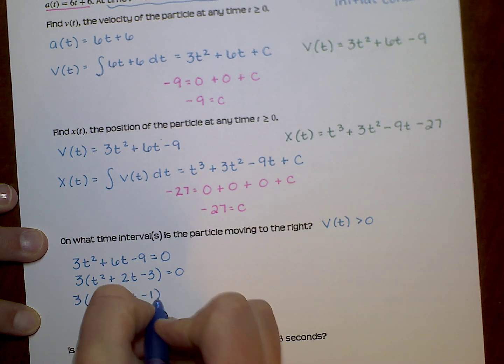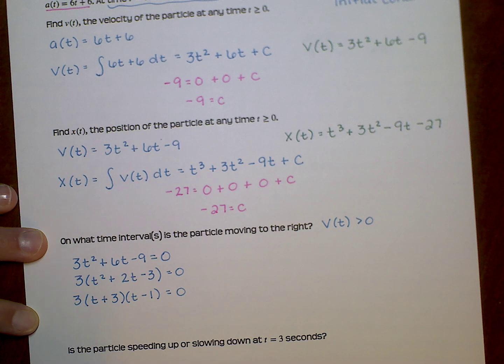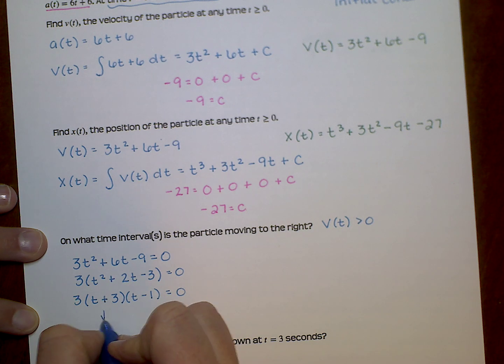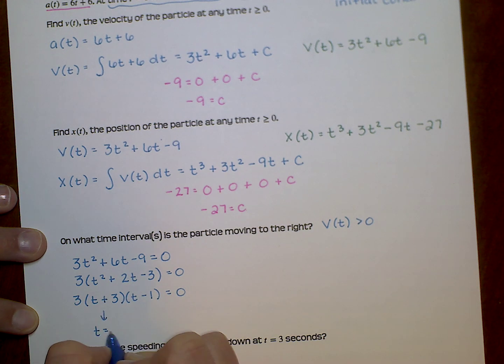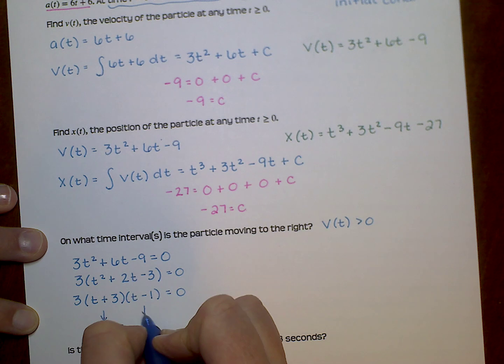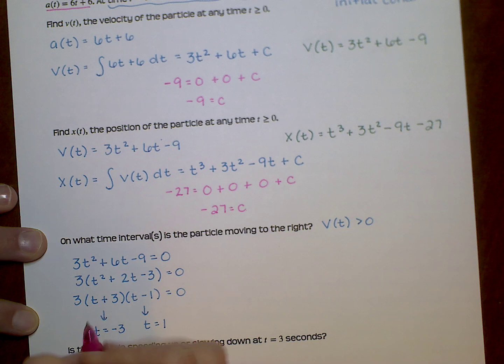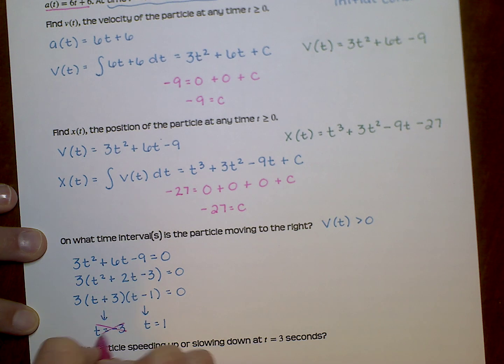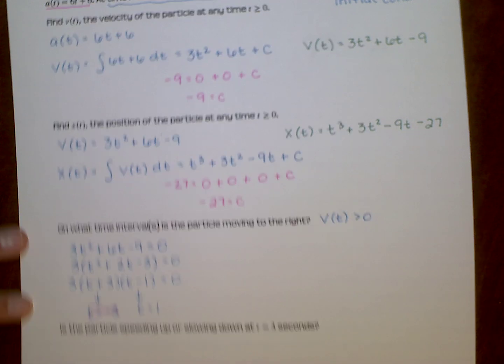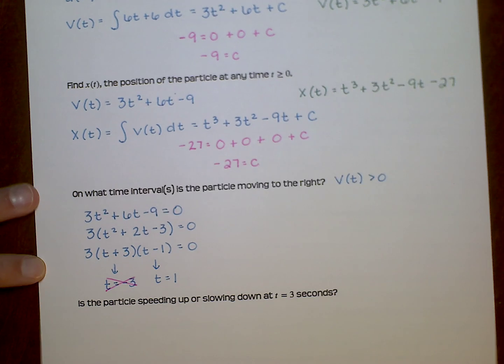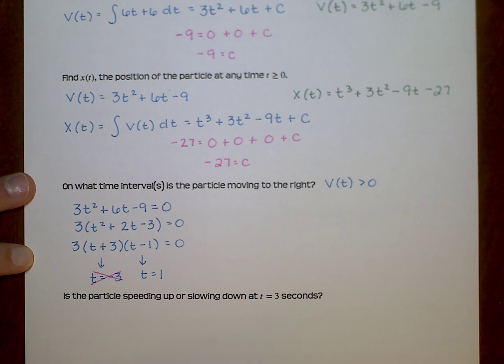I think that works. And so the answers that I get are we have a velocity of 0 at -3 and at +1. And I actually don't care about this -3 because in this context, having negative time does not make sense to me. Okay, so the only critical point I have to worry about is +1.